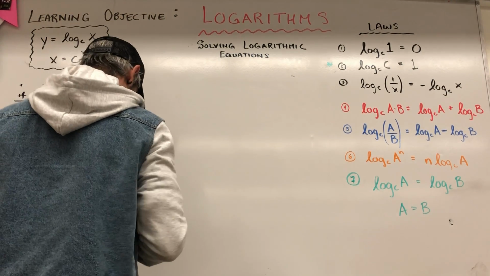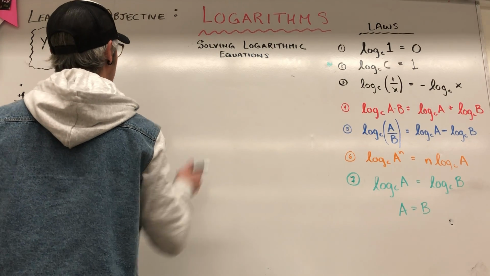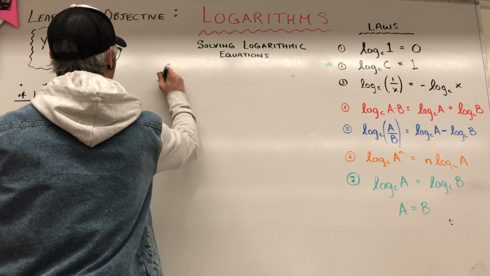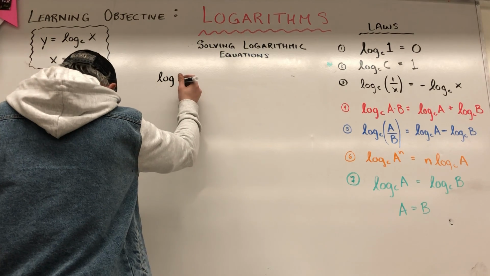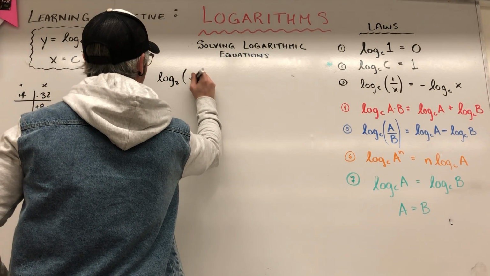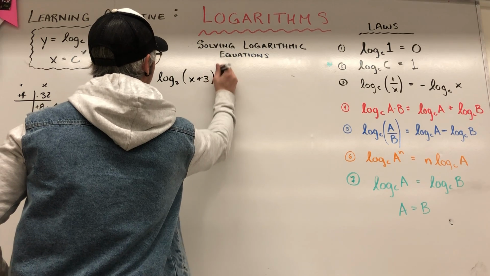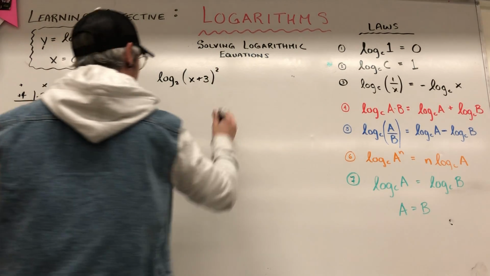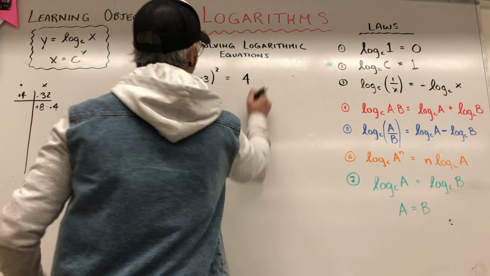This is from a textbook example. So let's say I have log base 2 of x plus 3 squared is equal to 4.